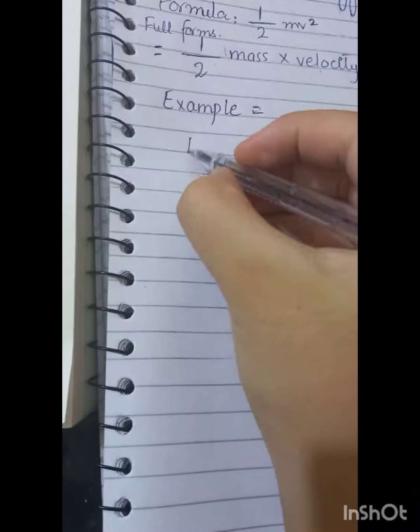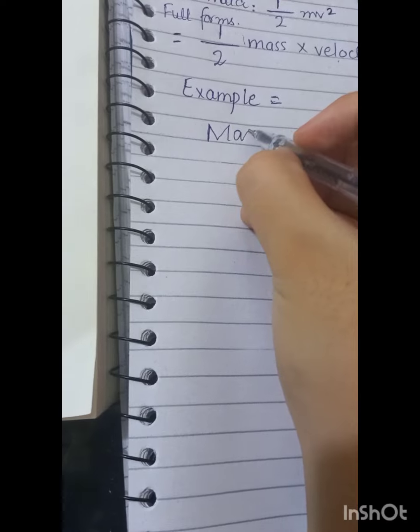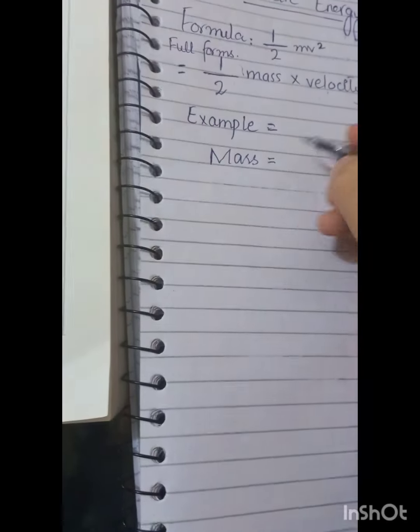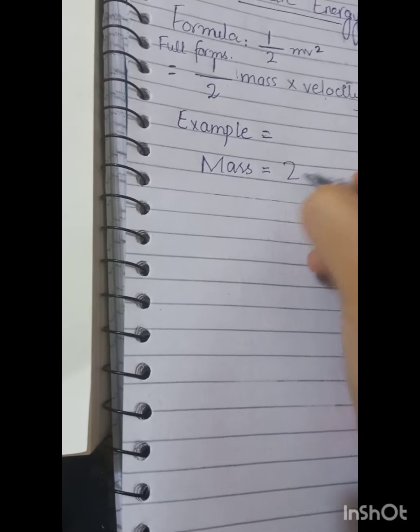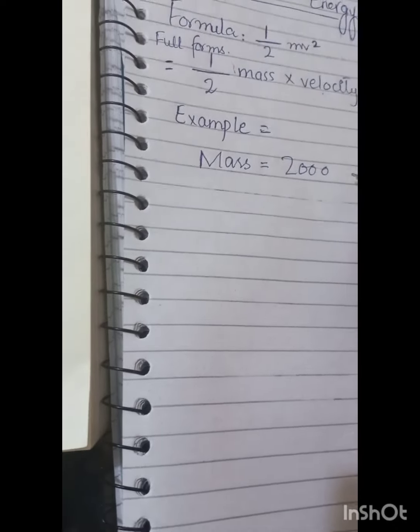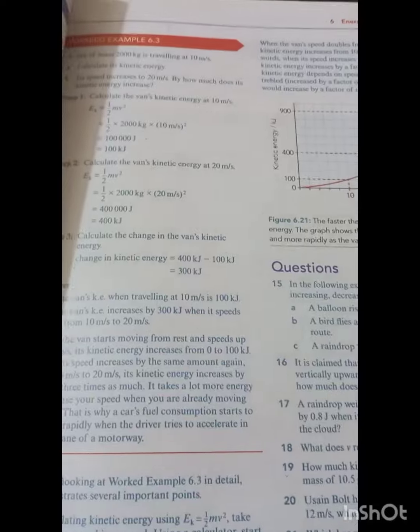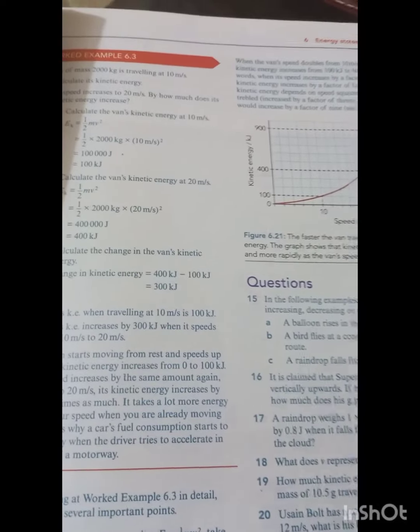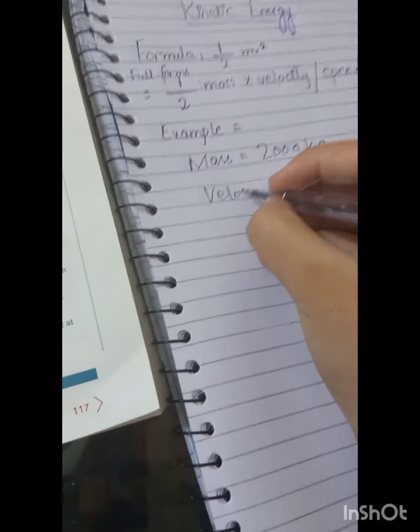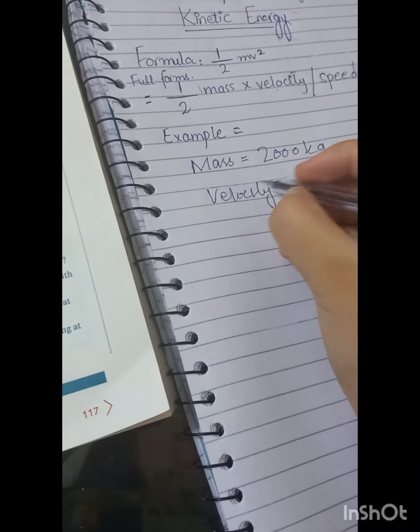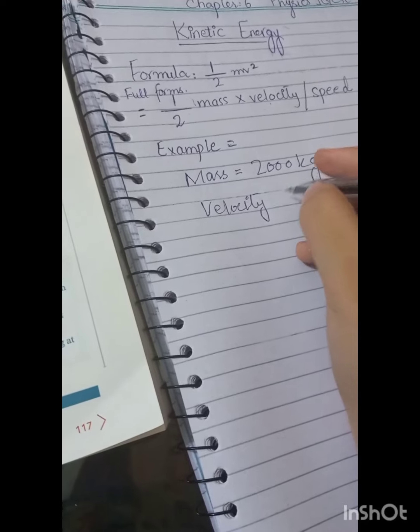The best way is to write what you know and what you don't know. It may get easier for you to solve. So 2000 kg is our mass, and the velocity is 10 meters per second.